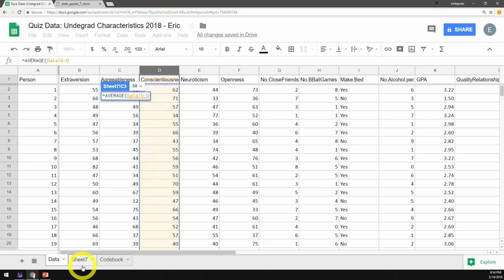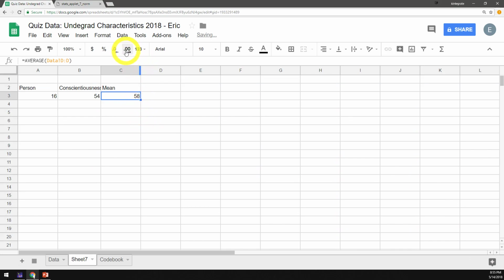Even though the first row has text in it, it'll ignore that row and just work with the numbers, so I don't think we have to worry about that. Let's hit enter, and we get a mean of 58. Let's increase the number of decimal points to 57.52.